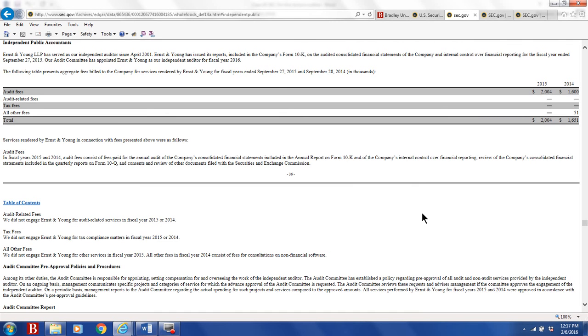The idea being an auditor would not be very independent if they're doing a lot of other things besides the audit. Those fees have to be disclosed. So there's nothing there. So Whole Foods has a pretty clean audit relationship. It's probably using a different accounting firm, say, for example, for help with tax work.